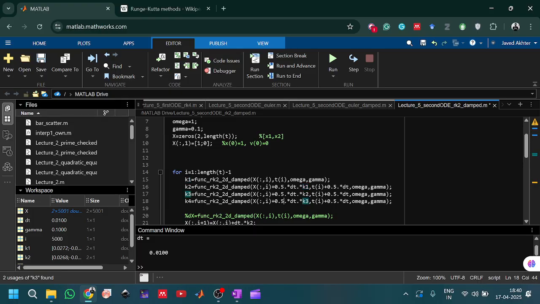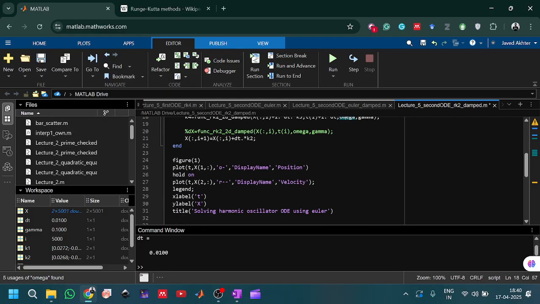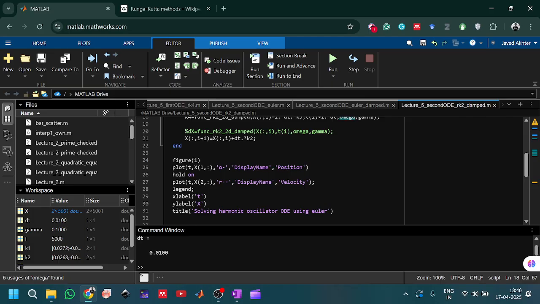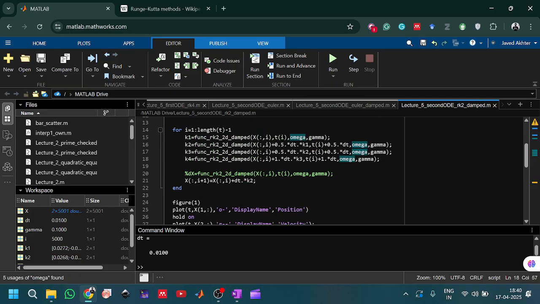And here the update will be dt by 6 times k1 plus 2 k2 plus 2 k3 plus k4, whatever it is. Okay, and let me run it.